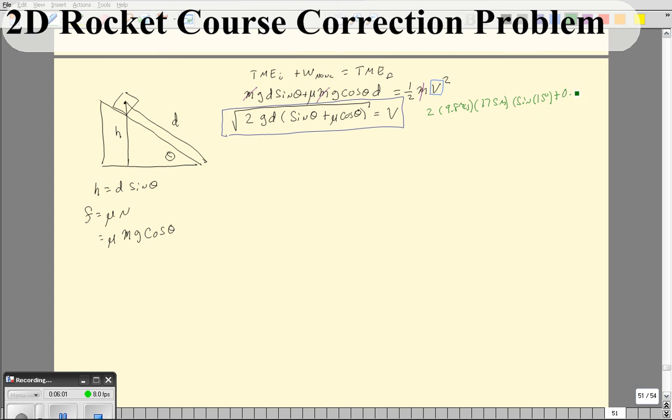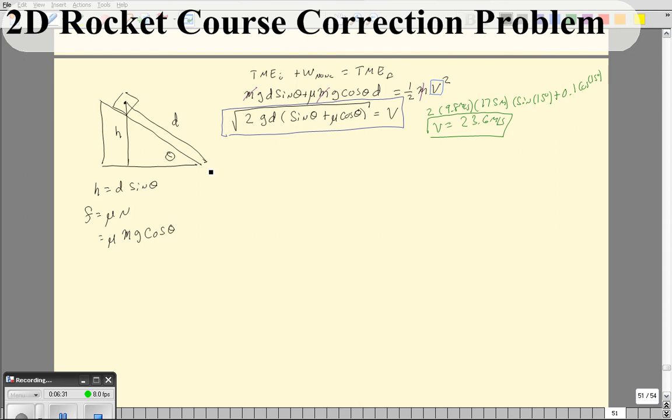Plus the mu is 0.1 times the cosine of 15 degrees. When you multiply all that out, you get a velocity that is 23.6 meters per second. Now, for those of you who don't think metric, this is about 50 miles an hour. So that's a pretty good run. That's definitely a lot of fun.